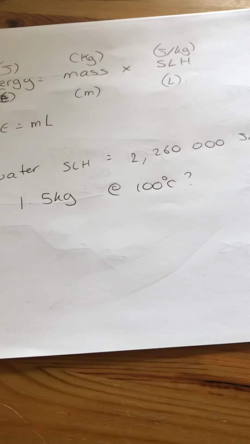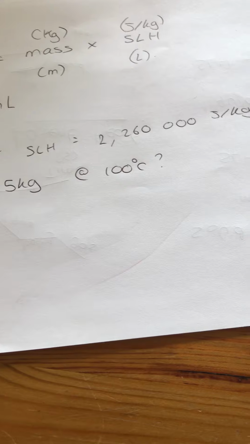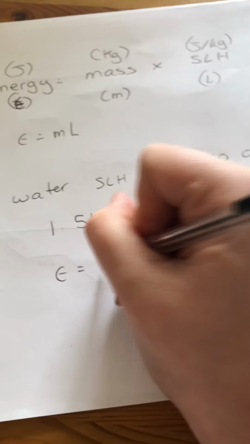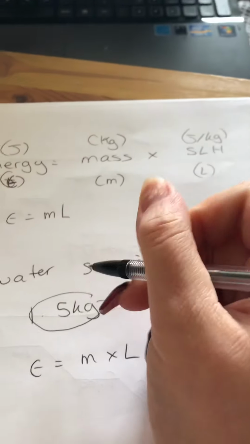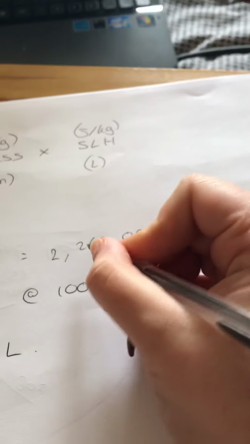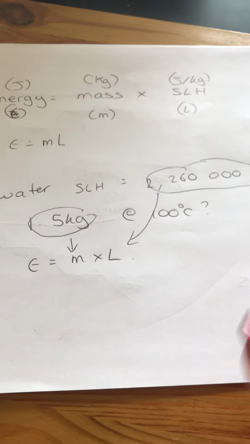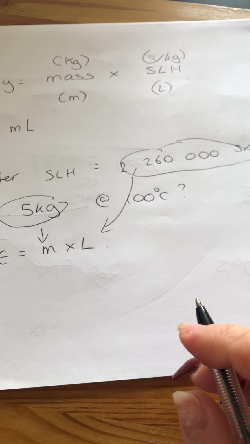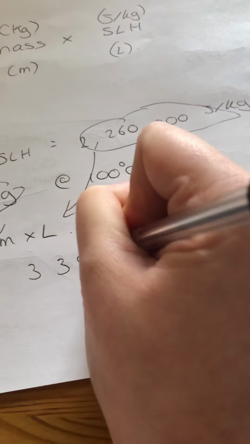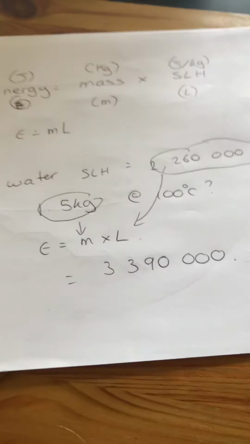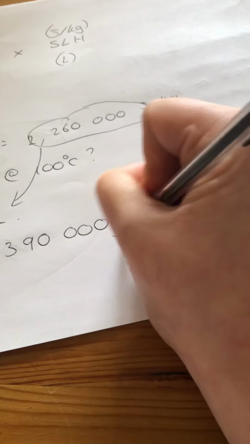All you've got to do in this situation is, it's asking for energy, so energy equals M times L. We've got our mass, which is here, and we've got our specific latent heat, which is here. So all we've got to do is plug in those two numbers. So 1.5 times 2,260,000, and that gives us 3,390,000 joules. You always want a unit.